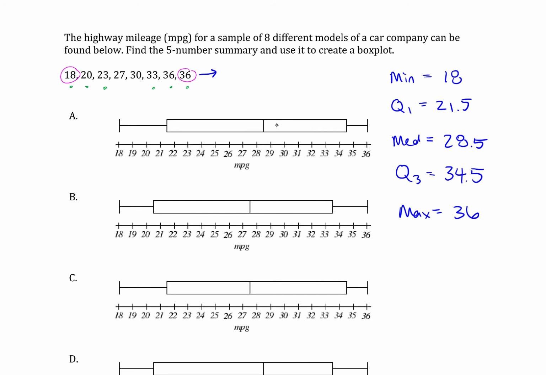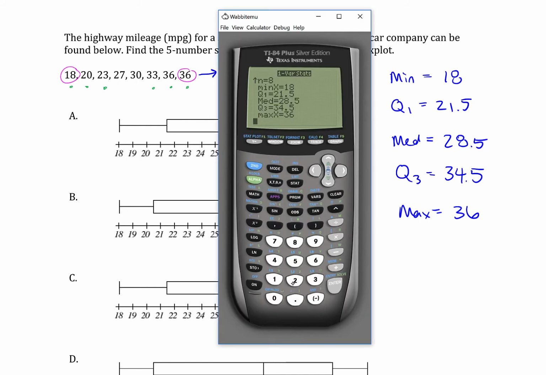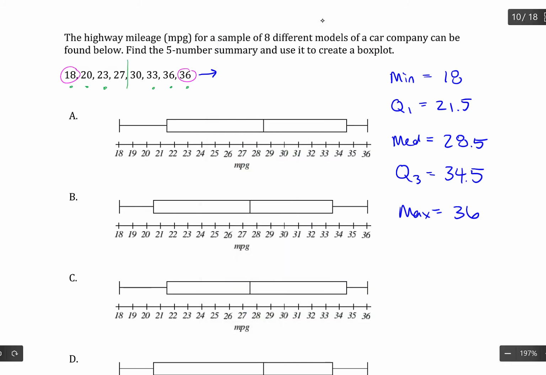So the median here is, since there's the middle 2 data items, the average of those middle 2. So 23 plus 27 divided by 2. Oops, I did the wrong ones. 27 plus 30 divided by 2 is the median of 28.5, and that's where they come up with that number. So 28.5 is the median.